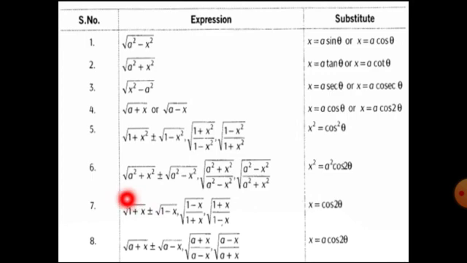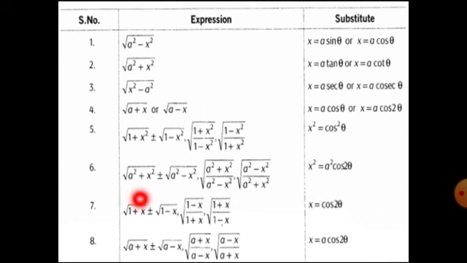The seventh one is square root of 1 plus x plus or minus square root of 1 minus x, or square root of 1 minus x divided by 1 plus x, or square root of 1 plus x divided by 1 minus x. Then you have to substitute x is equal to cos 2 theta.